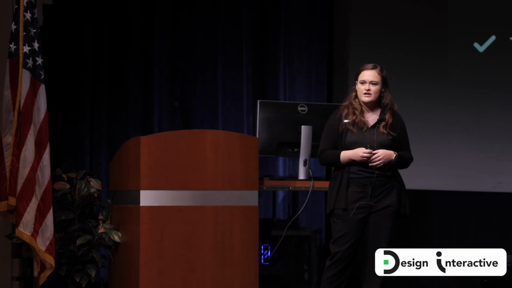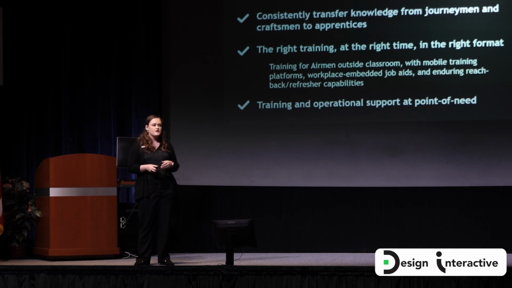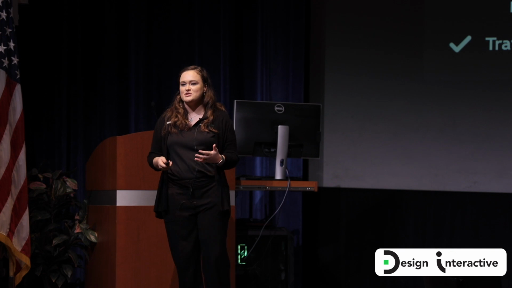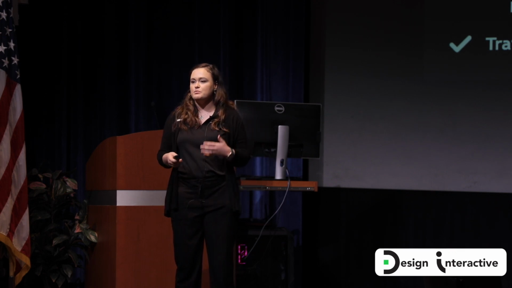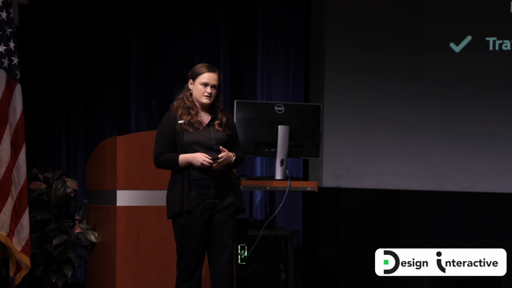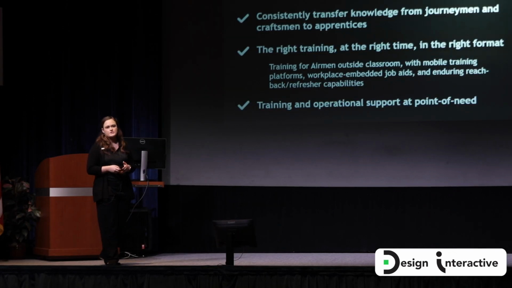We have an abundance of 3-level maintainers, the apprentices, and a shortage of the 5- and 7-level maintainers, the journeymen and craftsmen. So really the need is to make sure that we can accelerate the proficiency of junior maintainers to perform more like expert maintainers. That's the key area that we're trying to solve with our Augmentor Defense product.